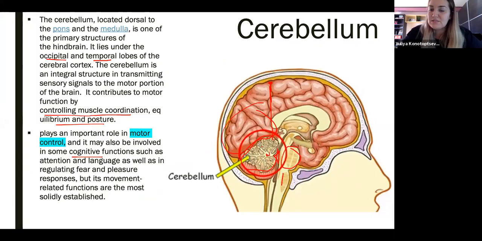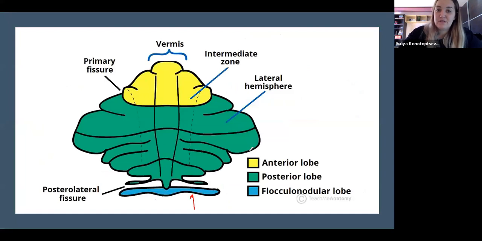And you can see that cerebellum also possesses gyri. You can see there are some deepenings there. But the gyri of the cerebellum have a different name. They are known as folia. These protrusions of the cerebellar matter are known as folia.